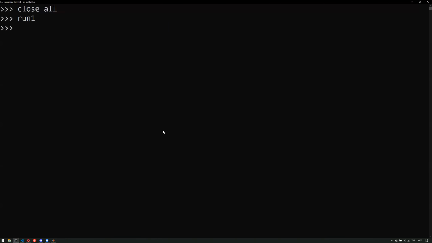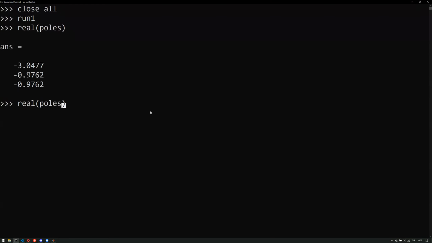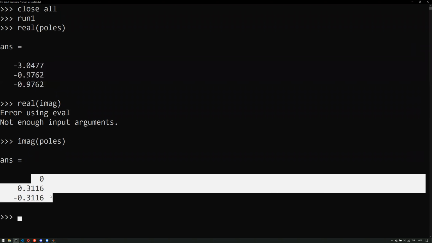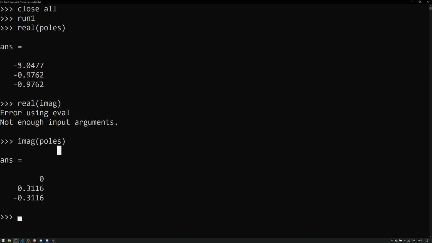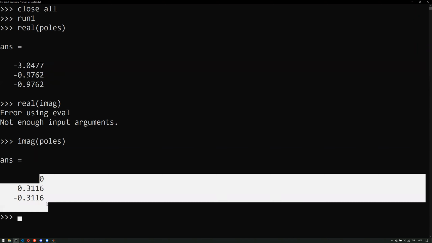Now, if we look closer, we will see that at a certain instant, we will have these coordinates. These are actually the real parts, these are the imaginary parts, but the problem is that we have three x coordinates and three y coordinates.